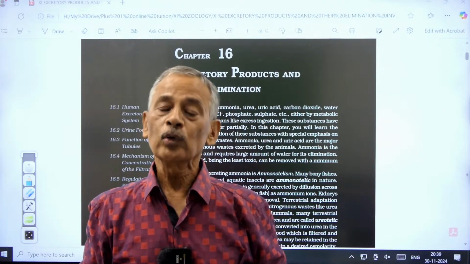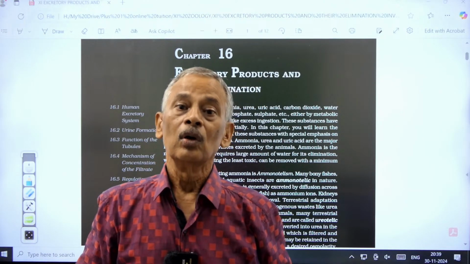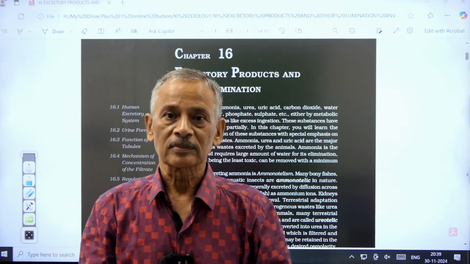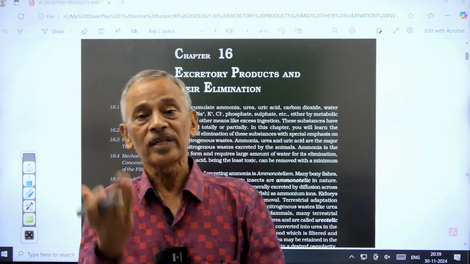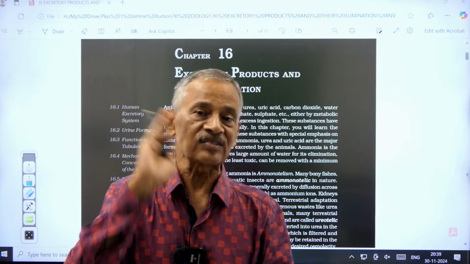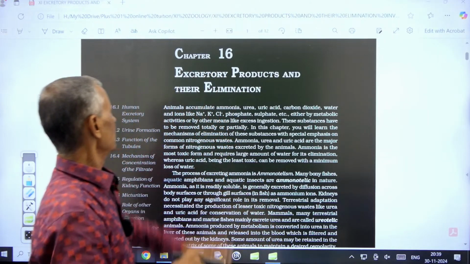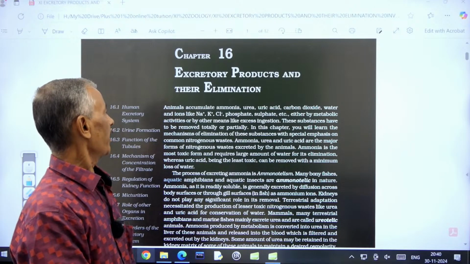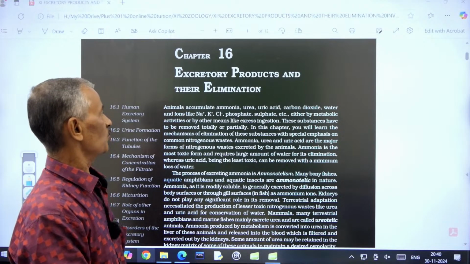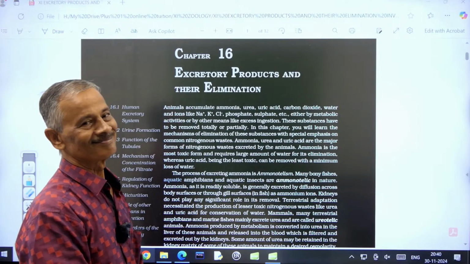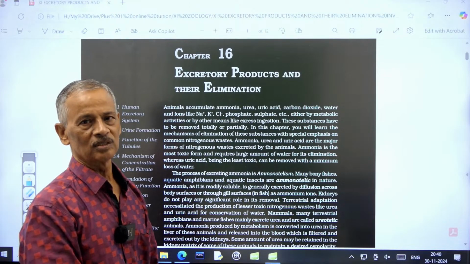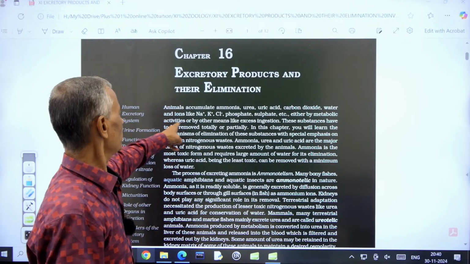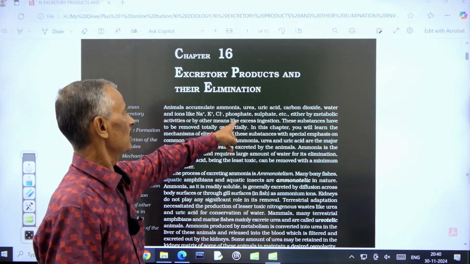Now, you can also have excess of food present in your body. You have taken more than what is required. So that excess material is also to be sent out. That may contain ions like sodium, potassium, chloride, phosphate, sulfates, etc. They may be produced as a byproduct of metabolic activities or by other means like excess ingestion.